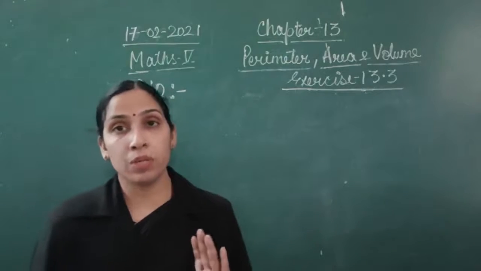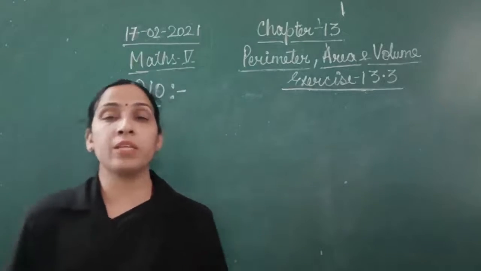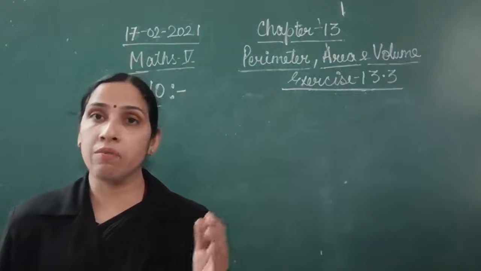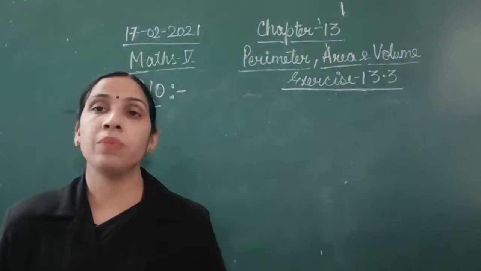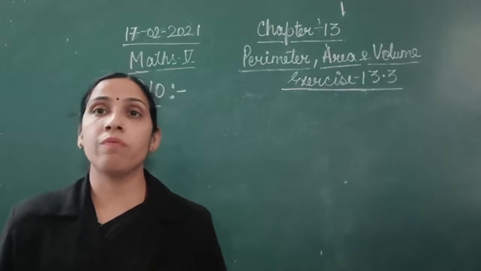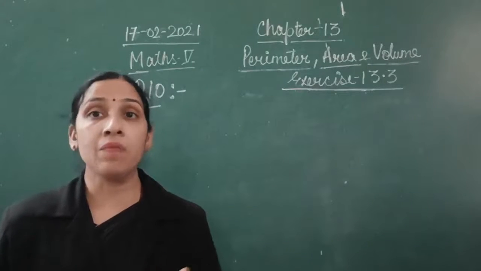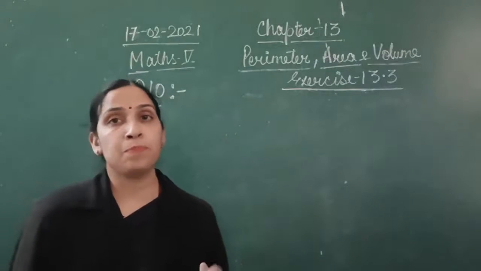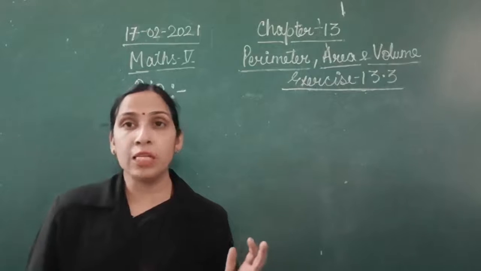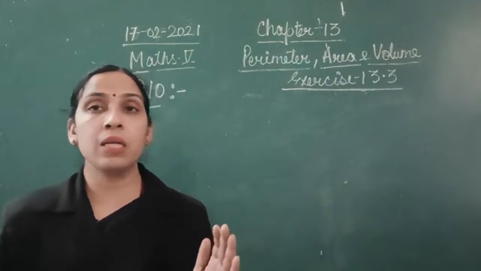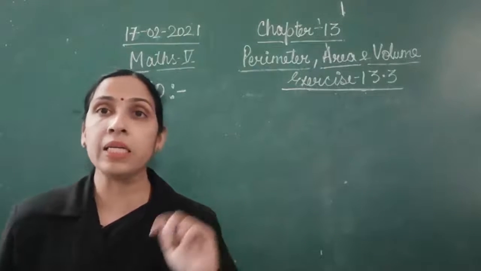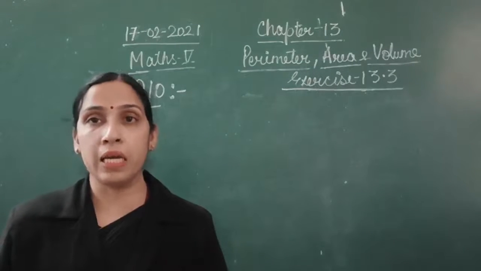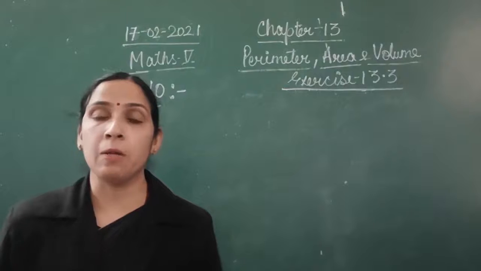Now we'll talk about the method. There are two methods to do these questions. One method is to find the area of the floor, then the area of one tile, and after that do the division. Second method, for the number of tiles, you can write it directly: area of a room divided by area of one tile.